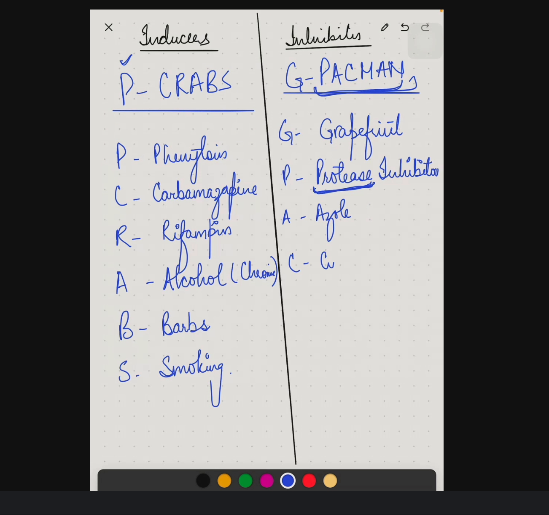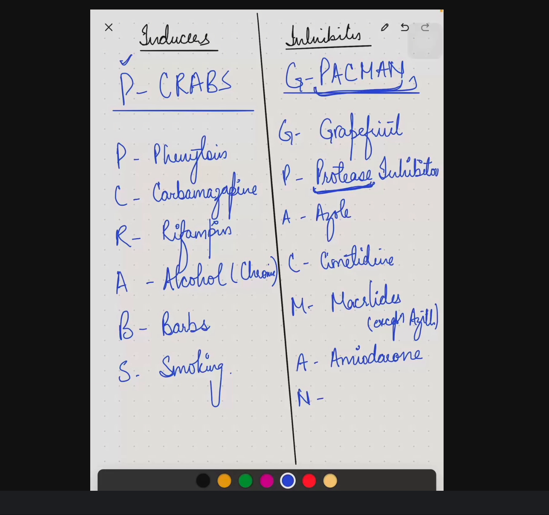A is for azoles, C cimetidine, very important, M macrolides, except azithromycin. Amiodarone, and N is for non-dihydropyridine CCBs, calcium channel blockers.